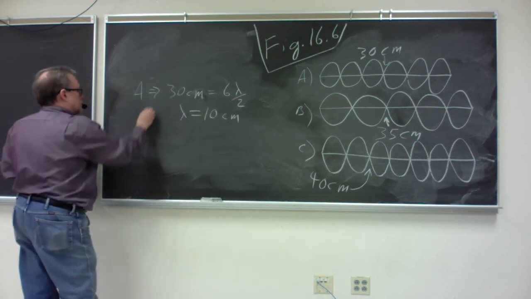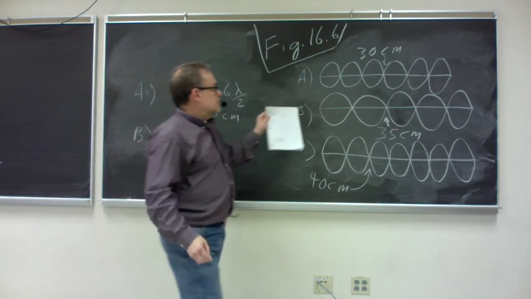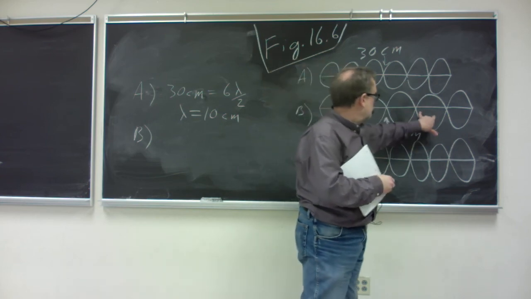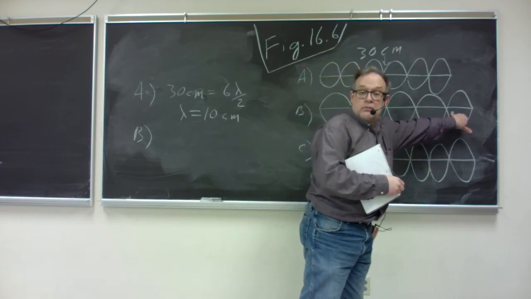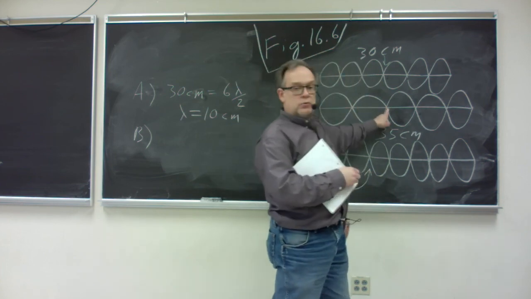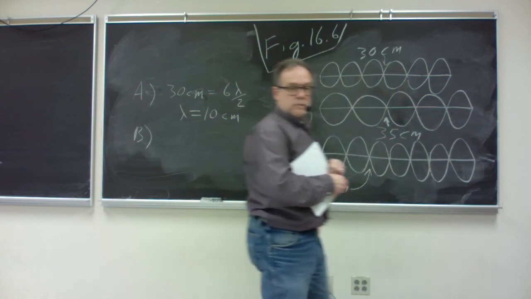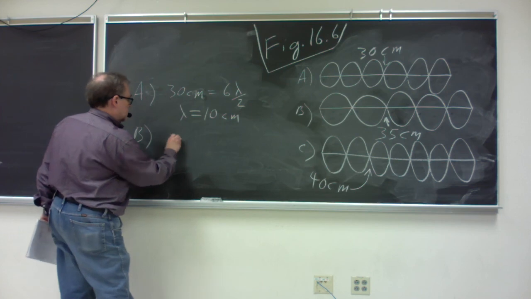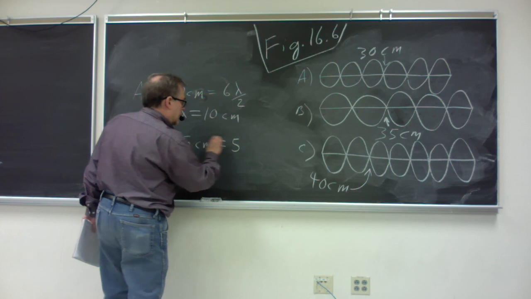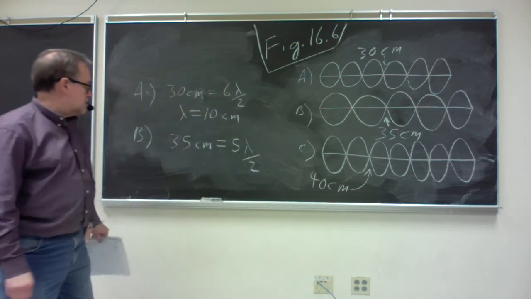And for B, just do the same thinking. The entire string length of 35 centimeters has 1, 2, 3, 4, 5 half wavelengths. Node to node, first node to node, second node to node, third node to node, fourth and fifth node to node. So the entire 35 centimeters equals 5 half wavelengths.